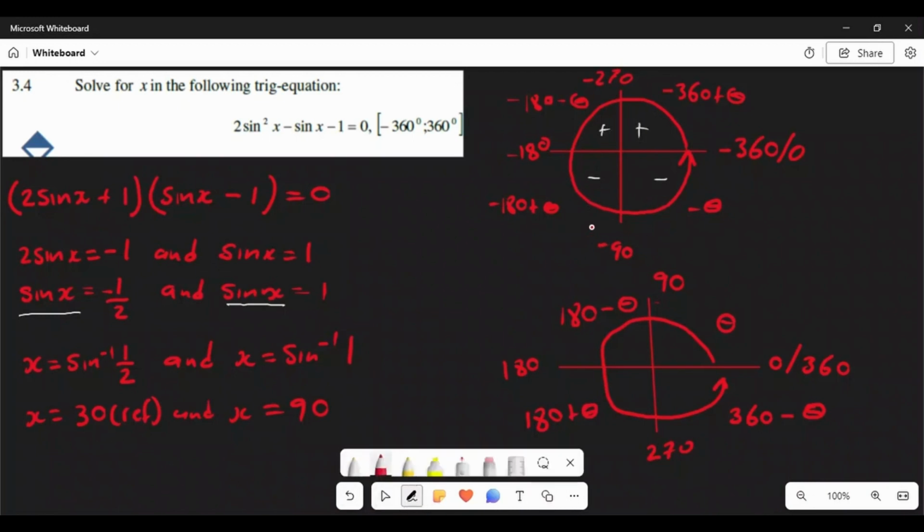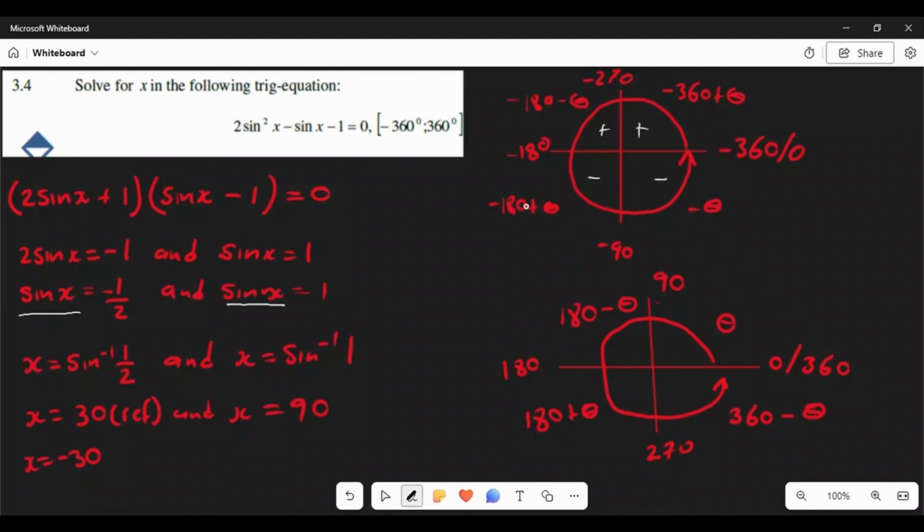So how do we represent this quadrant? Since our x is our reference, this one we say is represented by negative theta. So our theta here is 30. So we can say the first answer is negative theta. Right, that's the first answer. The second answer, remember, sine is negative here.